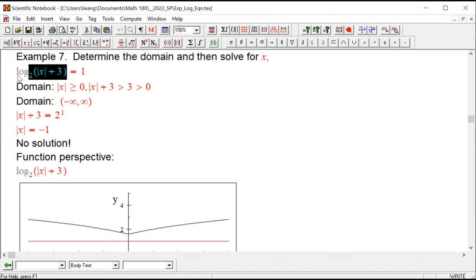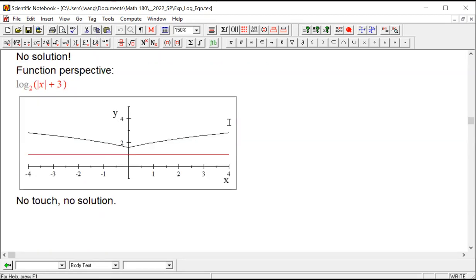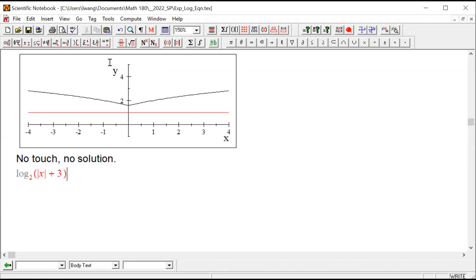There's another perspective that can justify this no solution situation: knowing log base 2 is an increasing function, this is going to be larger than log base 2 of 0 plus 3, because absolute value of x is always at least 0.